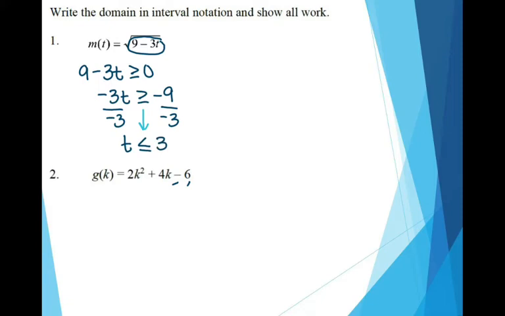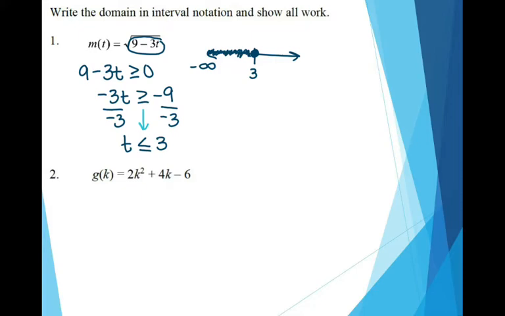So there is our domain as an inequality, but we do want it in interval notation. Sometimes the easiest way to figure out our interval notation is to actually graph it. So t is less than or equal to 3. That means at 3, I can include that value, so that is a closed circle. And that is going to be everything to the left, since I want it to be less than or equal to 3. So that is from negative infinity up to 3.